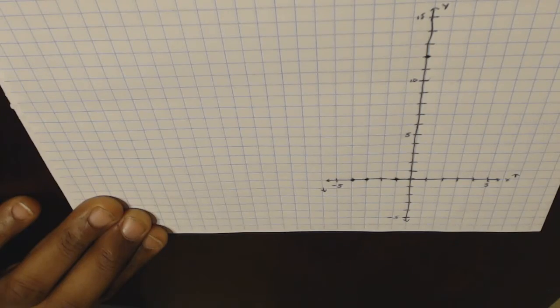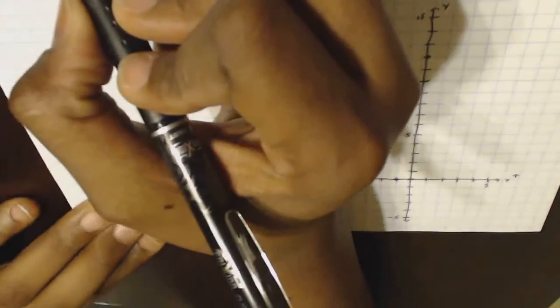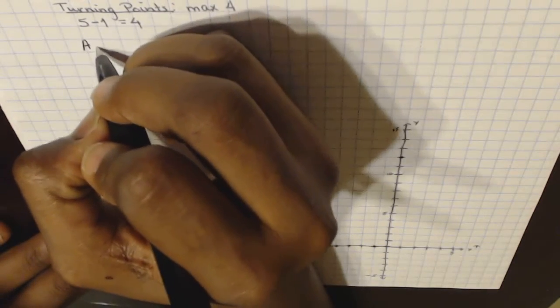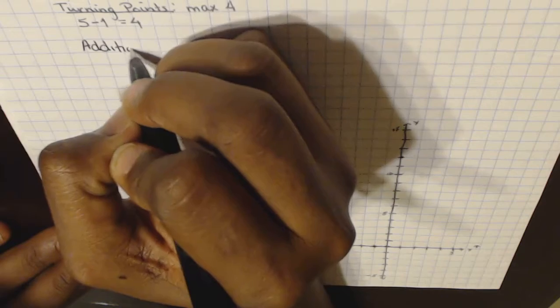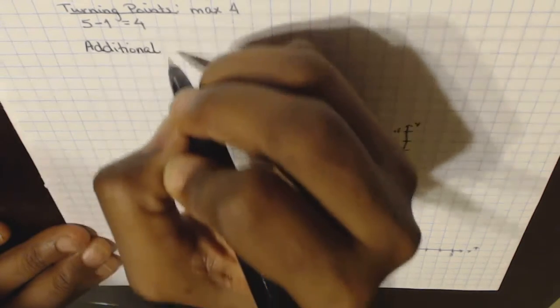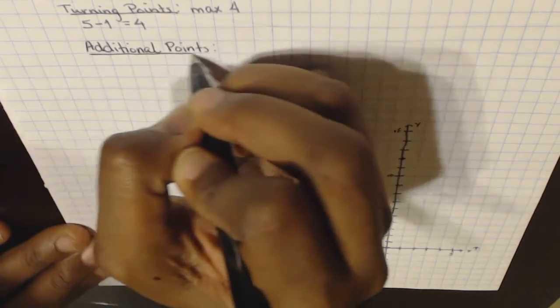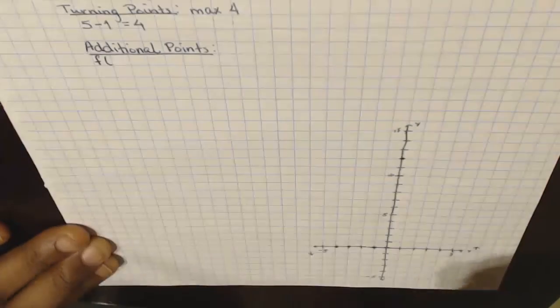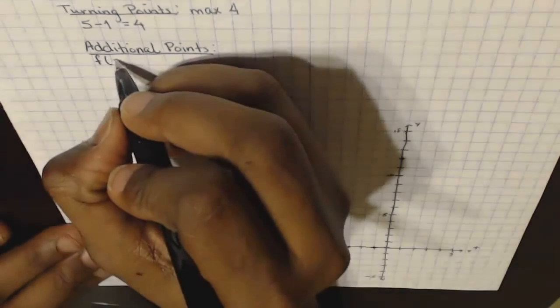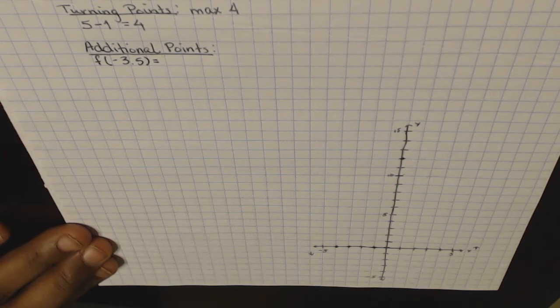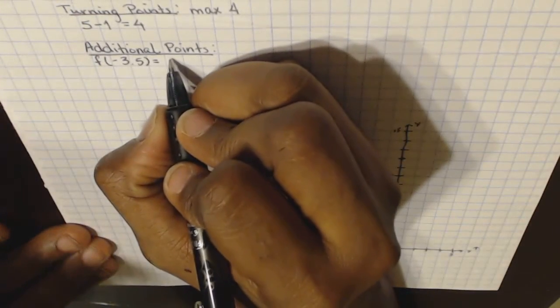So I'm going to pick additional points just to get an idea of where it's turning. F of -3.5. And I'm going to plug that into the original equation.